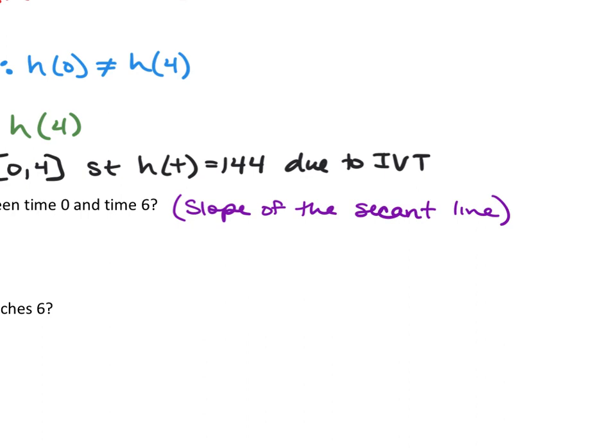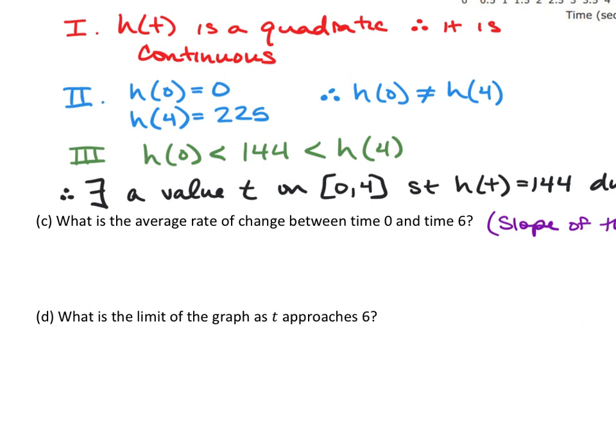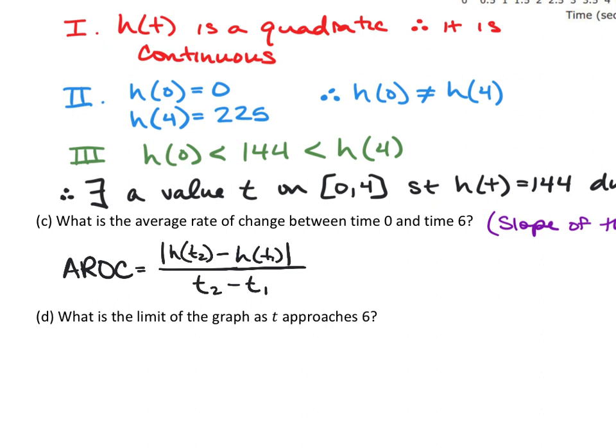And so we just want to know the inputs and outputs at those particular values. The average rate of change formula, which you have notes over, is the change in the distances, or in this case, the height. So it's going to be the height from time 2 minus the height from time 1, absolute value, all over time 2 minus time 1. What is the height of the graph at time 6? 144, right?